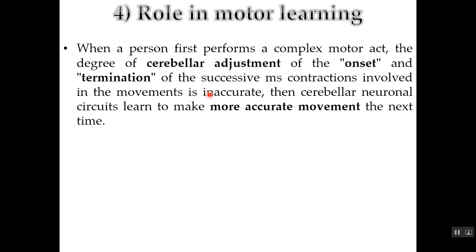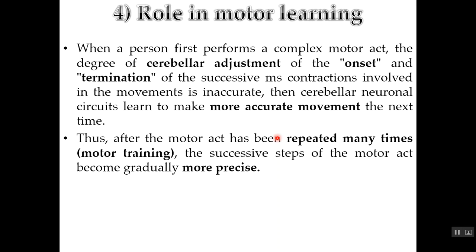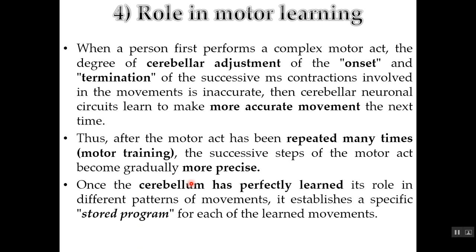With more time or repetition, the activity of the cerebellar neuronal circuits will be more accurate the next time. Thus, after the motor act has been repeated many times, this is called motor learning. The successive steps of the motor act become gradually more precise. Once the cerebellum has perfectly learned its role in different patterns of movement, it establishes a specific stored program for each movement.